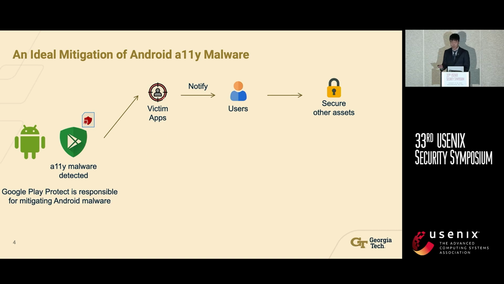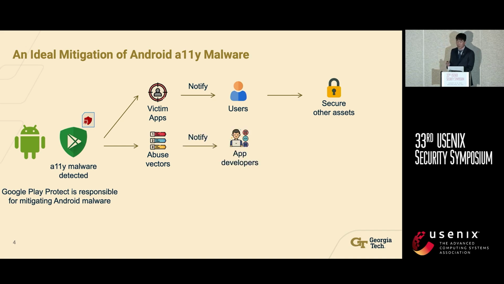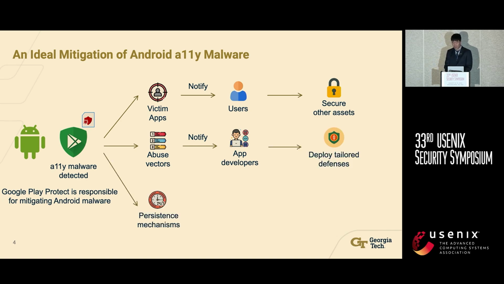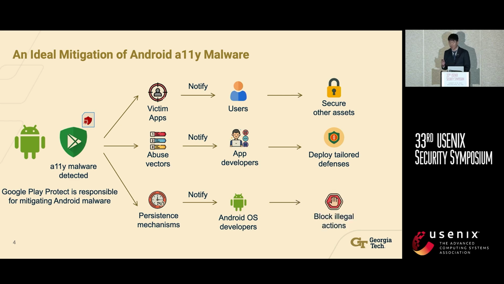We would also expect them to output the malware's abuse vectors and use that to notify the app developers so that they know exactly how they're being targeted by malware and can deploy tailored defenses. And finally, we expect them to output the persistence mechanisms the malware adopts so that it can be used to notify Android OS developers and block future illegal actions.